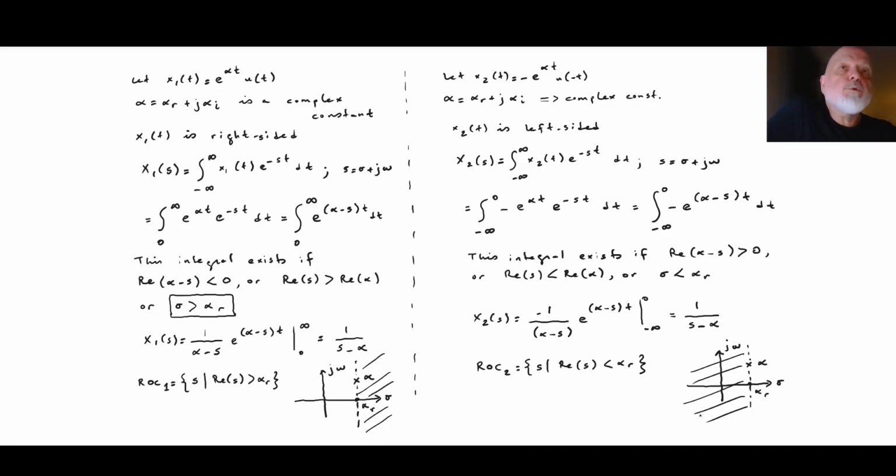Okay? So this is a nice example showing that we may have two completely different signals. For example, here we have a right-sided signal and we have a left-sided signal.